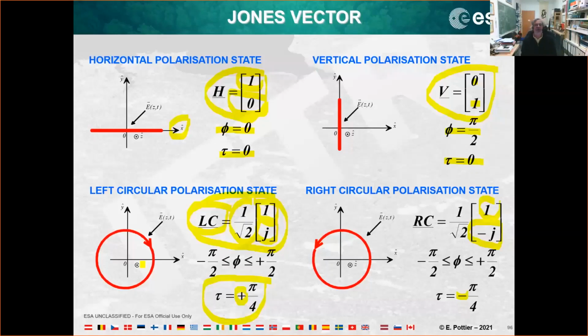The atmosphere affects the polarization. It is not the atmosphere, it is the ionosphere. It is another layer. Okay. So it is a Faraday rotation. So imagine you have a layer. Usually it is a plasma layer.